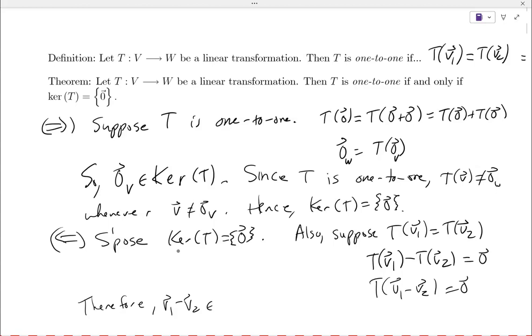In the kernel. But what did we say the kernel is? Just the 0 vector, right? This is a statement about the kernel: the transformation applied to the vector is the 0 vector. So V1 minus V2 is in the kernel.